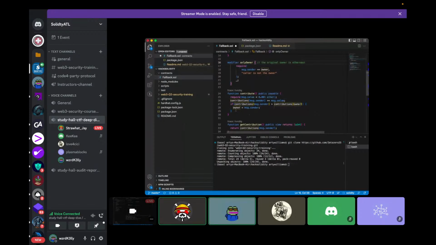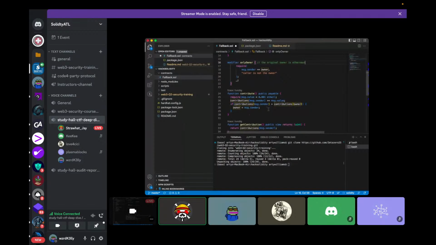Yeah, that's good. Then it's saying if the contributions from message.sender is greater than the contributions of the person who owns the contract, the new owner of the contract is message.sender. So if I give more money to the contract than the Ethernaut owner who initially deposited 1,000 ETH, I now become the owner of the contract. Yes, very good.